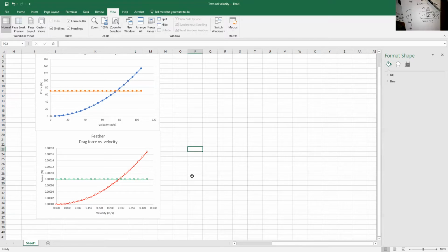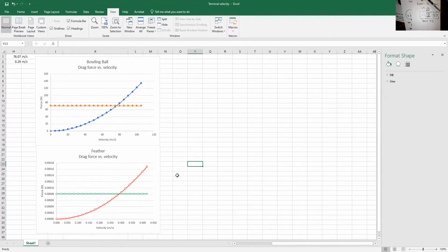Okay, so that's a lot on projectiles and dealing with drag force and projectiles. Hopefully you picked up something on terminal velocity, and hopefully you can explain why the feather hits the ground at the same time as a bowling ball when there's no drag force, and then why the feather does not hit the ground at the same time as a bowling ball when there is drag force.